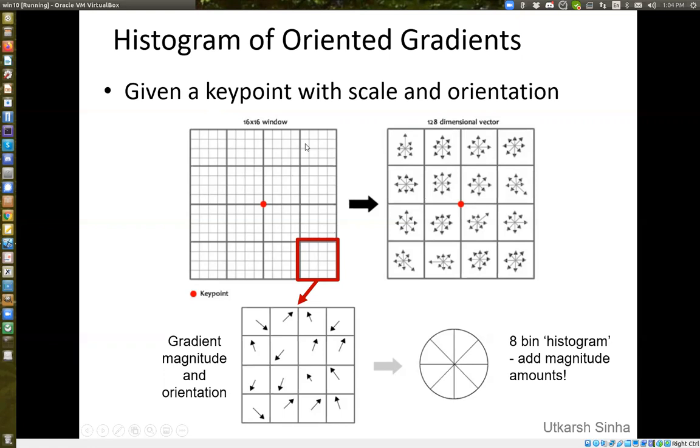Each block here will have a distinctive histogram. The histogram has 8 bins, so we have 8 numbers per block. In total there will be 128, as we mentioned last time.